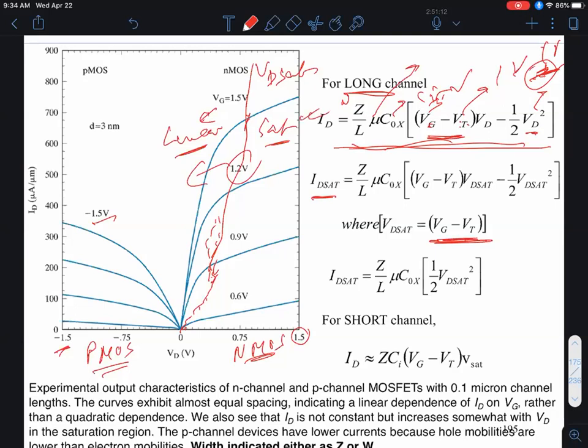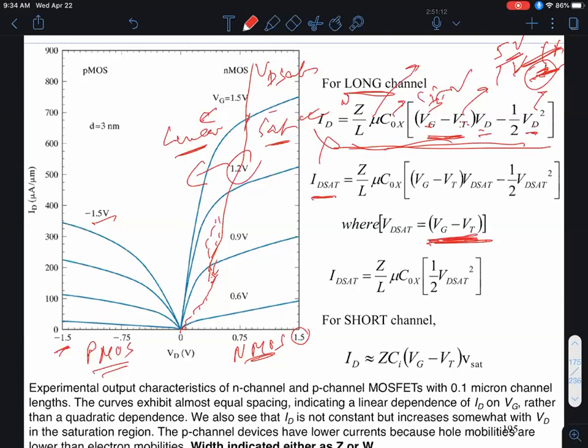On the other hand, if I raise the VD to say 5 volts, what's going to happen? That is now greater than VG minus VT of 4 volts. So in that case, if I plug in 5 volts for the VD, I'll get the wrong answer. Instead, I have to plug in VD sat, because I'm on the right-hand side of this curve.